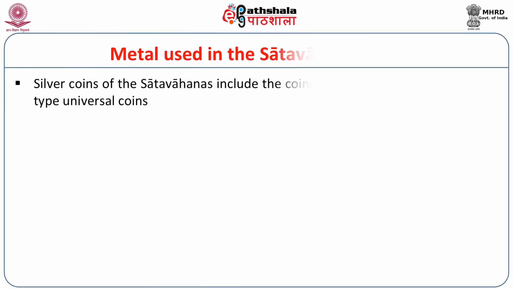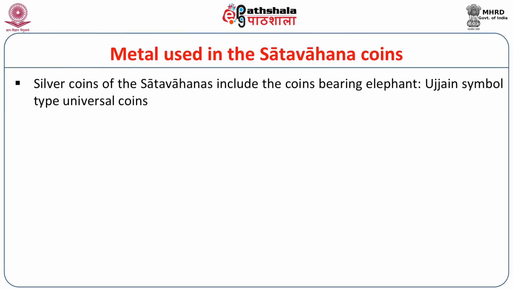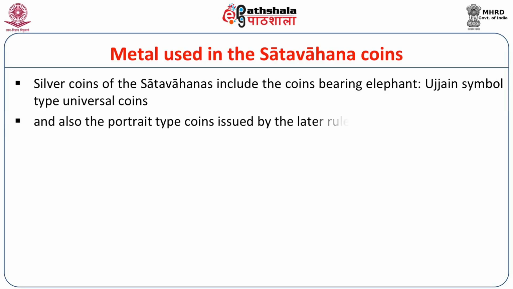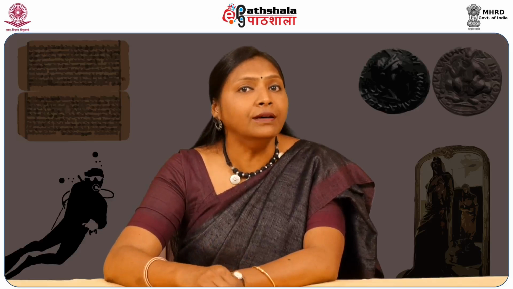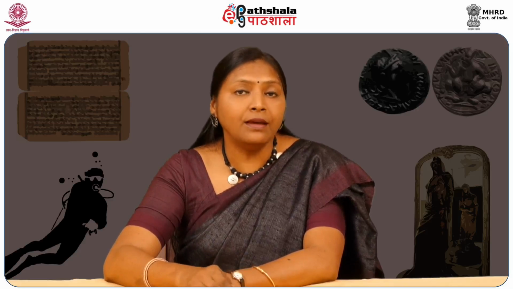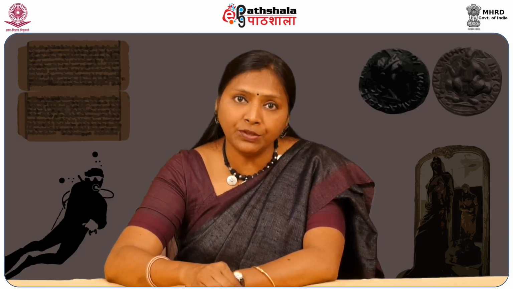As far as the metals are concerned, silver coins of the Satavahanas include the coins bearing the elephant and Ujjain symbol, which is the universal or imperial type. The portrait type coins can also be included in this imperial type, because these are imperial coins of the Satavahana rulers wherein their portraits have been used.